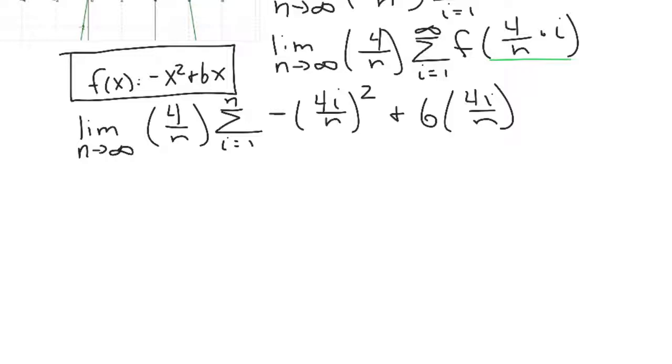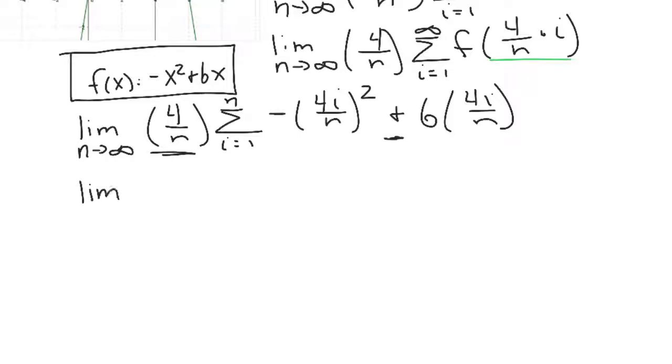Okay, now here's what we're going to do. We're going to split this summation up into two separate parts, because from our rules and properties of summations, if I'm adding two parts of a function like that, I can just split them up into two summations. But I have to remember that I am multiplying both parts by this 4 over n. So let's do that.